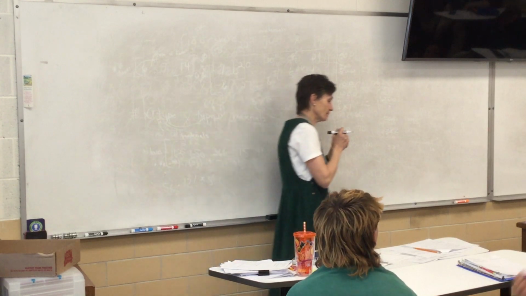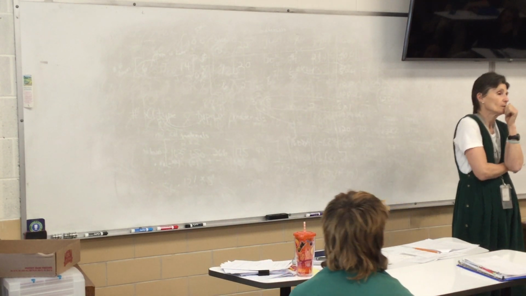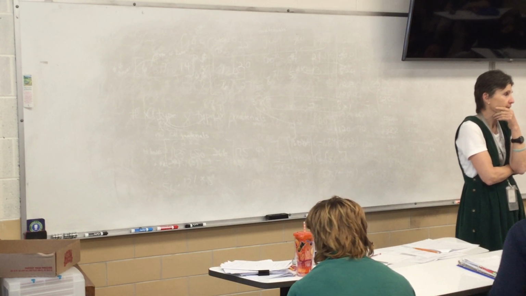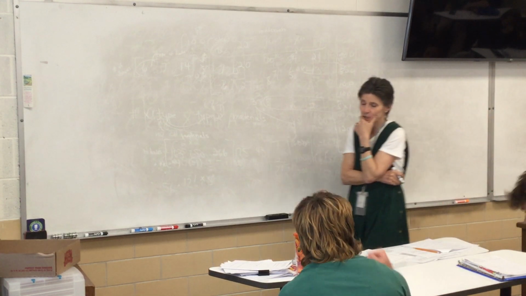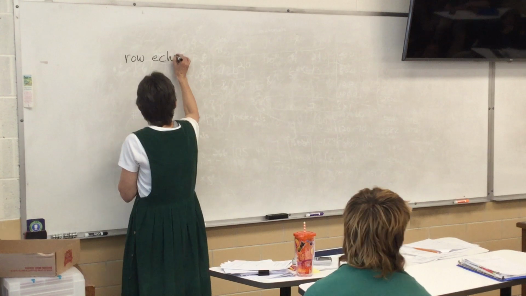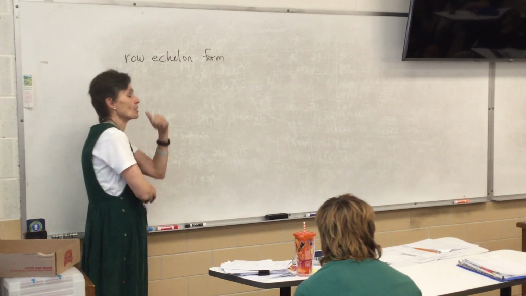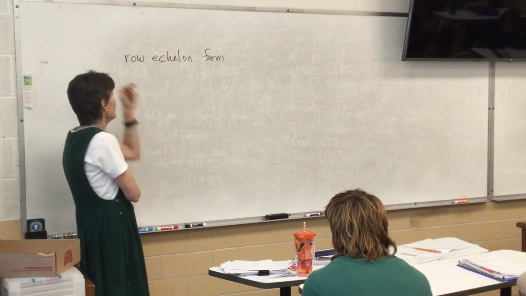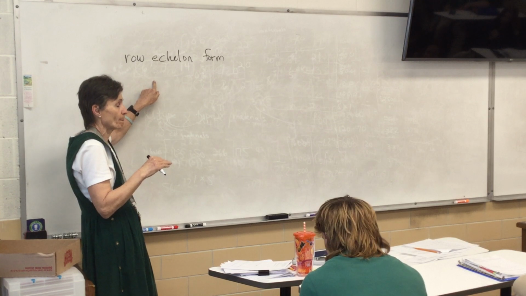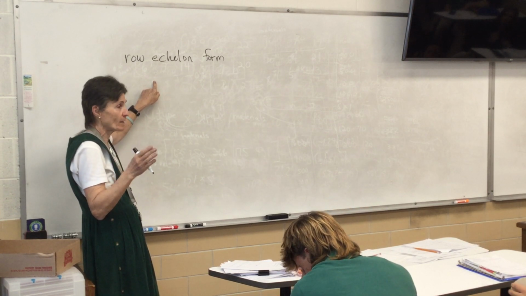Gaussian elimination is the process of putting a matrix into what's called row echelon form. So we're going to learn the process so that we can solve big systems of equations.